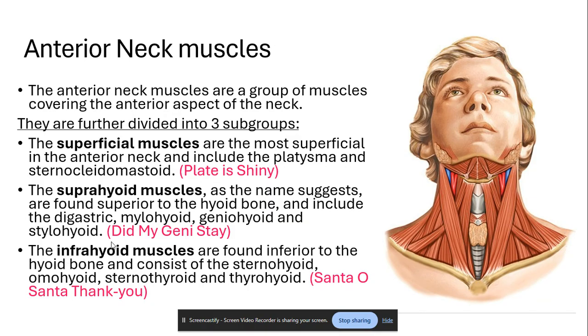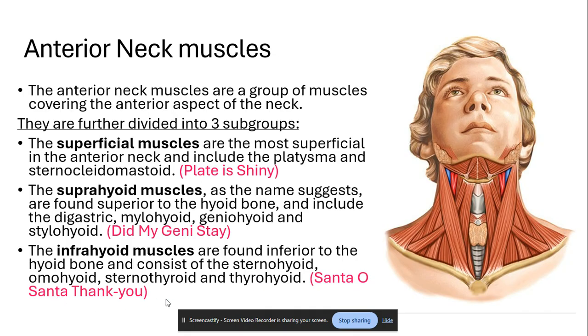Infrahyoid muscles are found inferior to the hyoid bone and consist of sternohyoid, omohyoid, sternothyroid, and thyrohyoid. So: Santa, oh Santa, thank you. Sternohyoid is Santa, omohyoid is O, sternothyroid is Santa again, and then thyrohyoid is thank you.